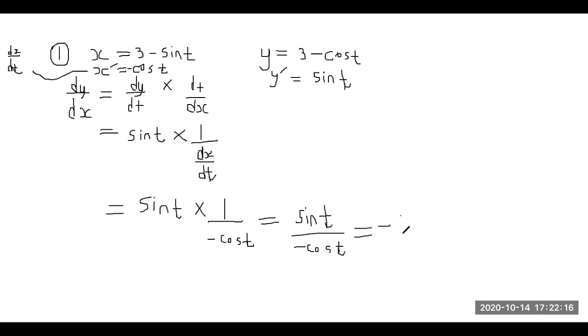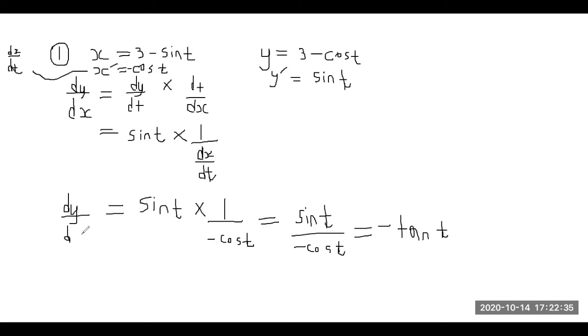So this works out to be minus tan t. So that's what we're getting. Now that we've found dy/dx, dy/dx is equal to minus tan t.